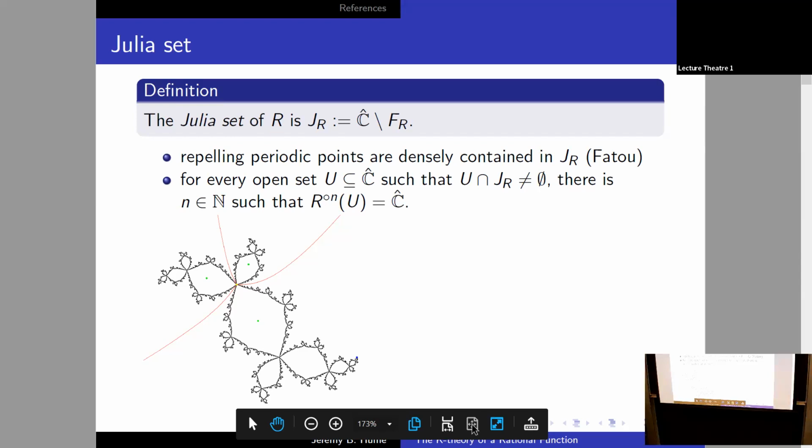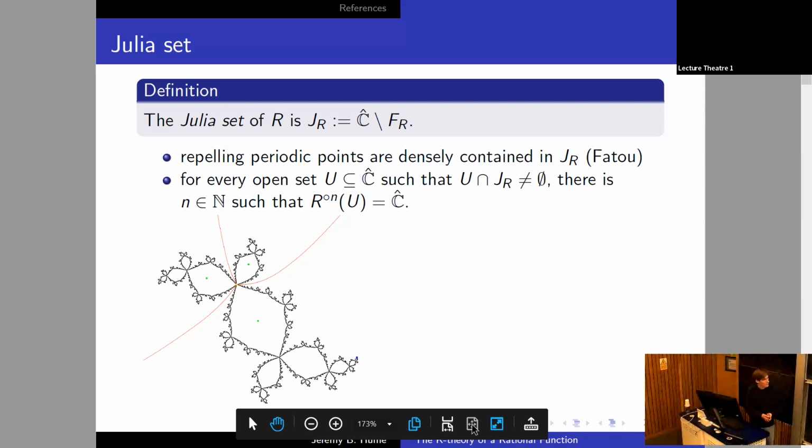And you can keep playing this game, and then you see this neighborhood here looks a whole lot like here, which looks a whole lot like here. So you can infer what the dynamics of this component is and this component, and you just keep traveling down the Julia set in this way. So you can use the fractal geometry of the Julia set to understand the dynamics.